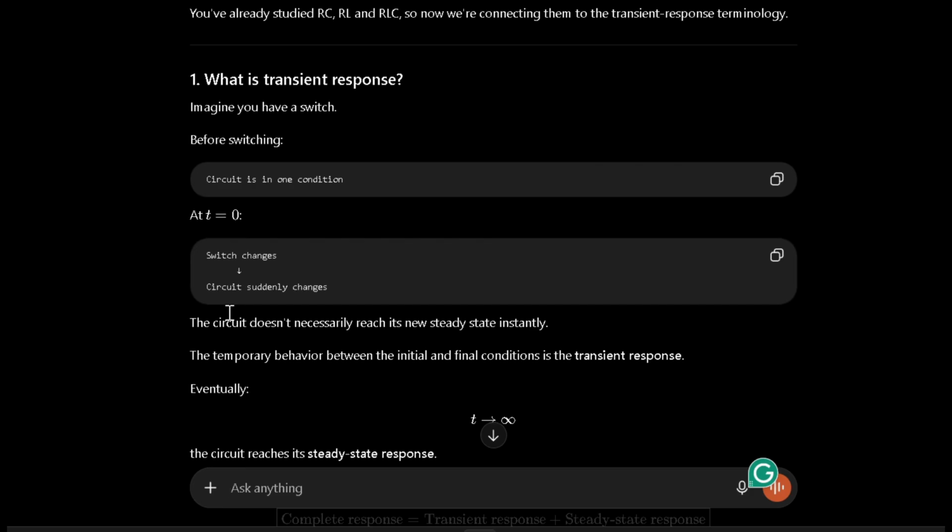At t equals 0 plus, the capacitor and inductor have some initial values. For t equals 0 plus, the capacitor has some behavior and the inductor has a different behavior.